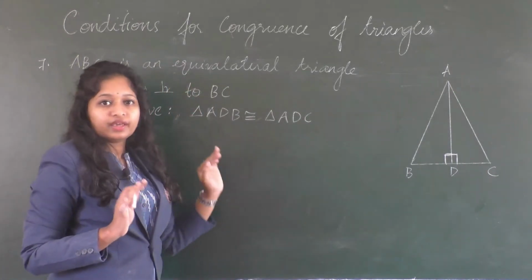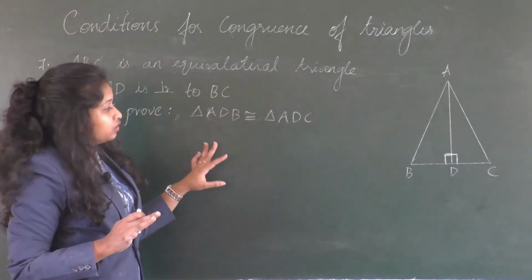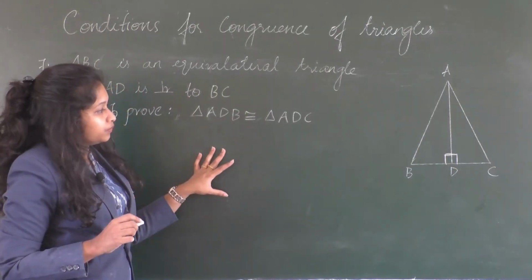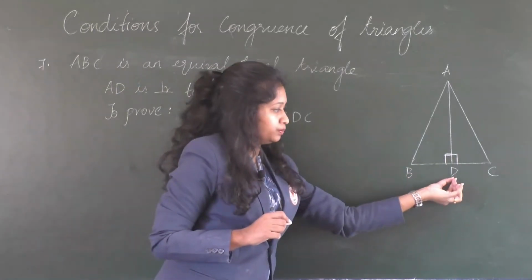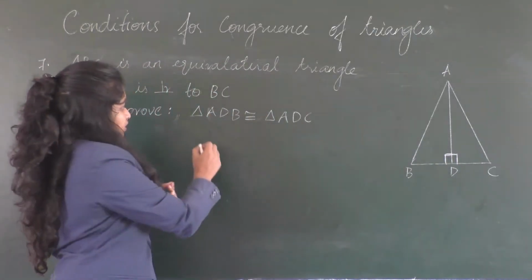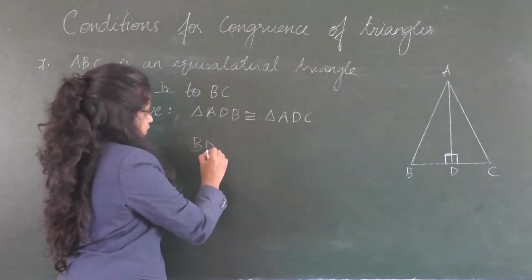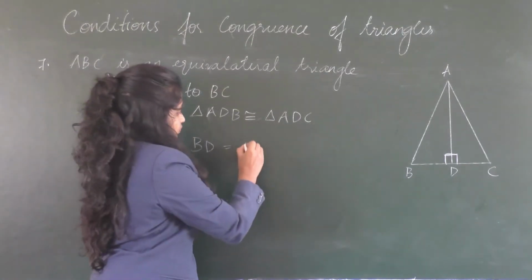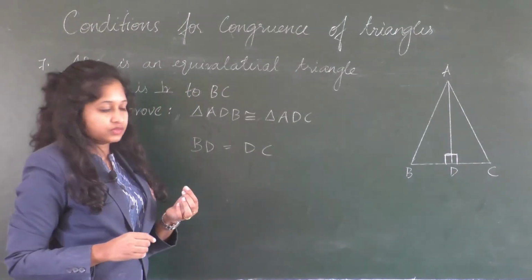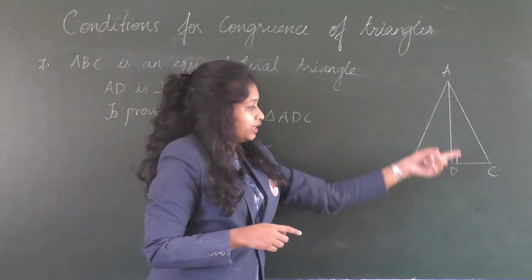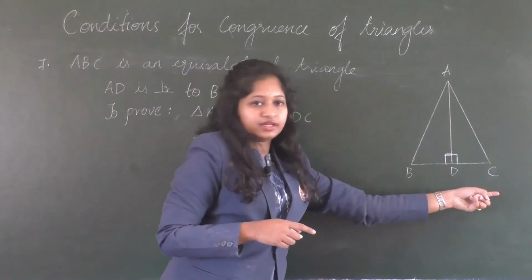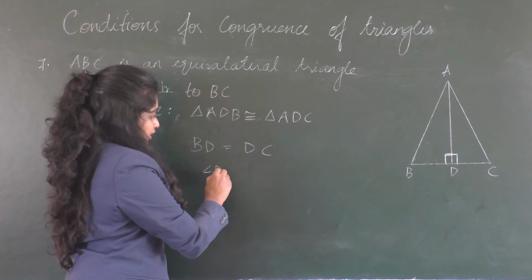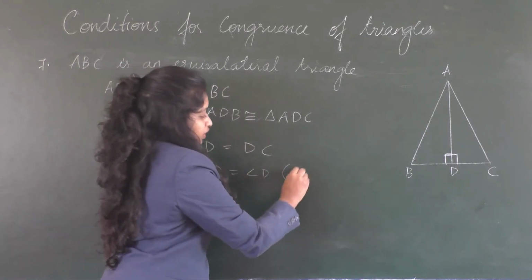So let's see the ASA condition. Here, since this is the midpoint, we can tell that BD is equal to DC. And for triangle ADB and triangle ADC, angle D is common.